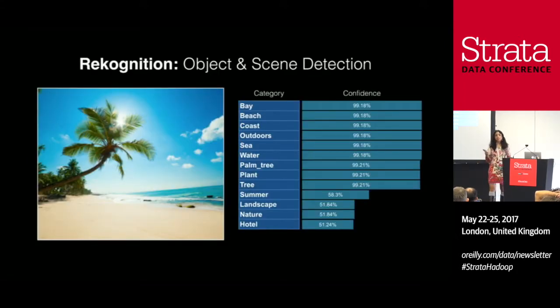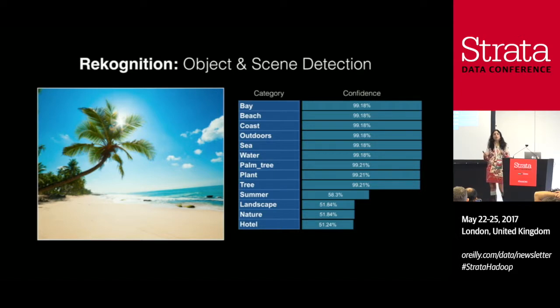So as I said, one of the canonical tasks for deep learning has been object and scene recognition. Rekognition is an AWS service that automatically gives you categories of various objects and concepts in an image. So for instance, if this is the sample image, you can see that there is a bay with 99% confidence, as well as a beach and so on.